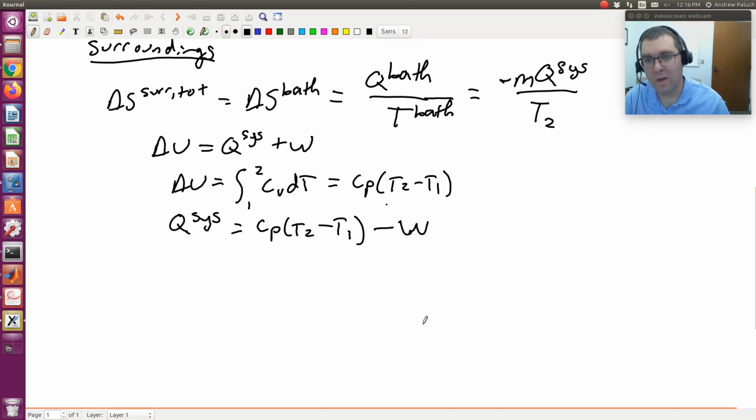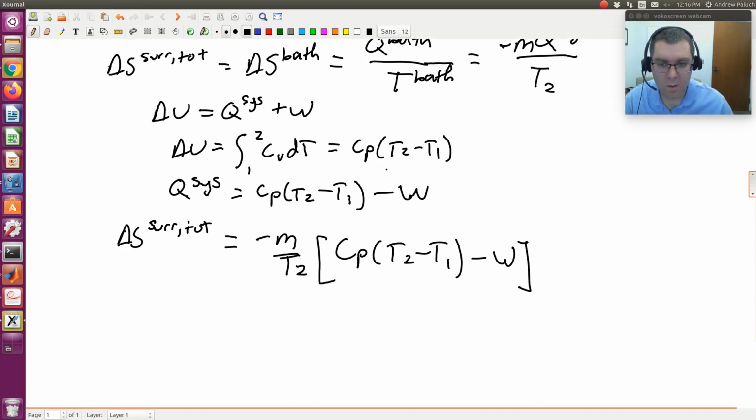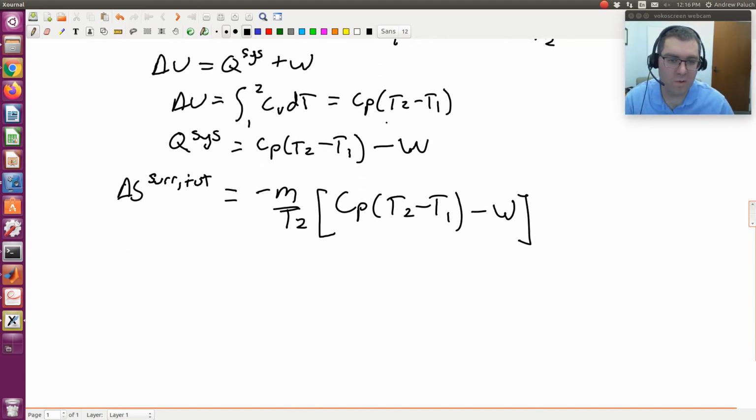Okay, so I end up with delta S of my surroundings, again, total is equal to negative M over T2 times Cp T2 minus T1 minus W. Okay, and I'm just going to distribute just to make sure I don't end up with a sign error.